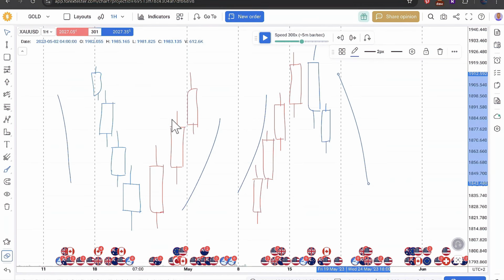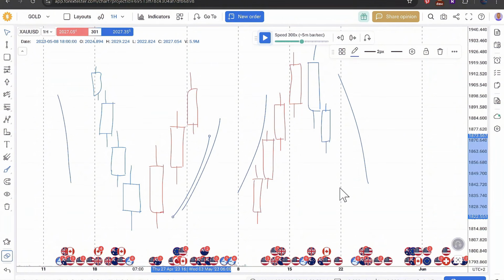With these two examples, you can clearly see that on the first one, what we want to classify as our impulse is the bullish or the red move that you see in here. Then on the second example, the impulse move is the blue move or the down move that you can see right here.